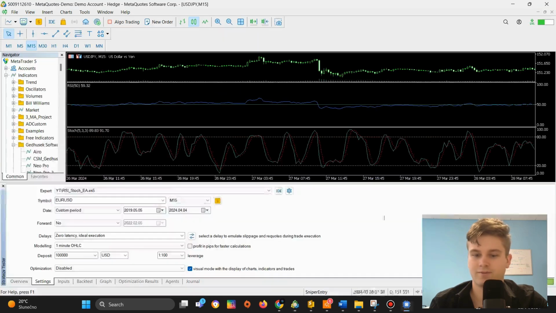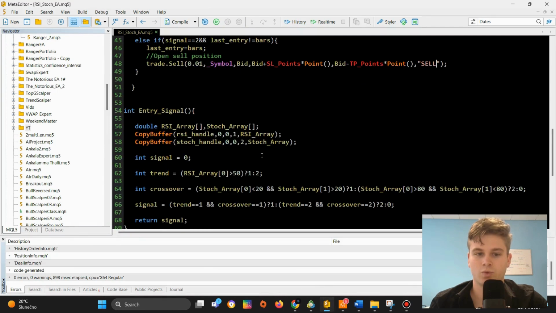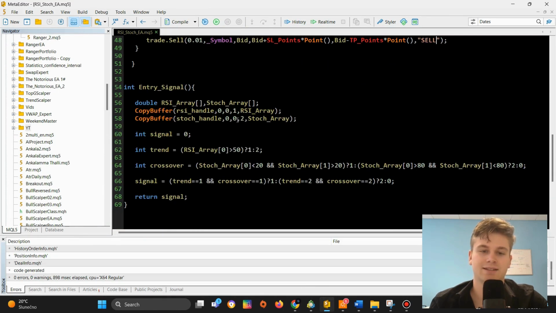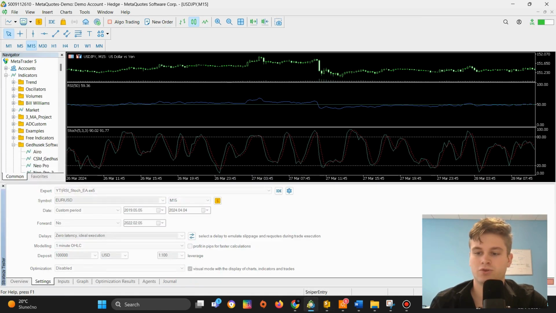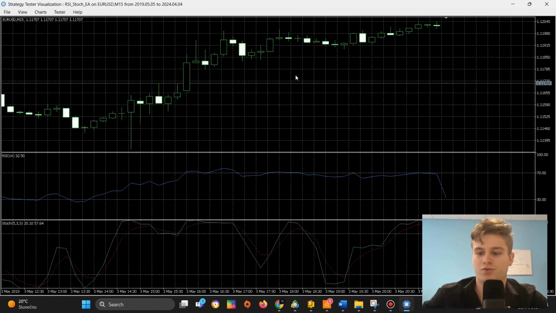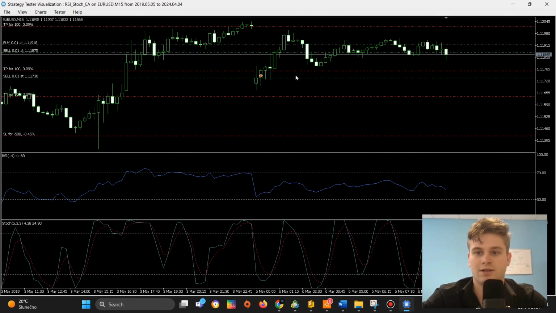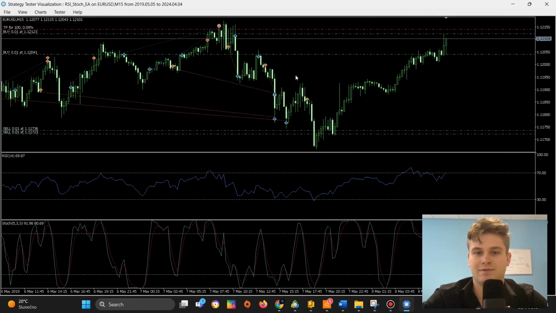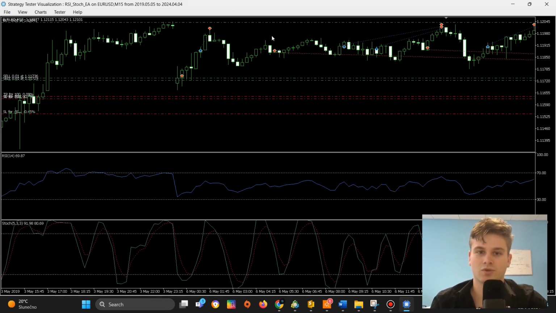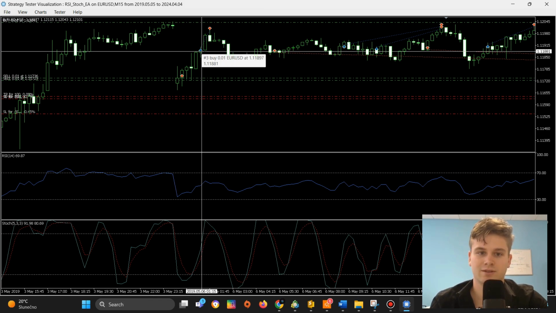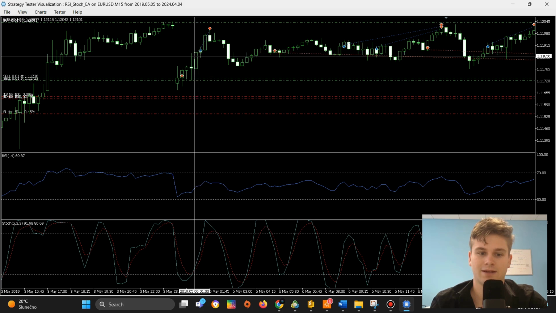Okay, so what I will do is one thing differently, and that is I will change the stochastic shift to 1. Okay, so this should resolve that issue, and let's see if it does resolve it. So now we should only enter at a crossover. So at this point, okay.